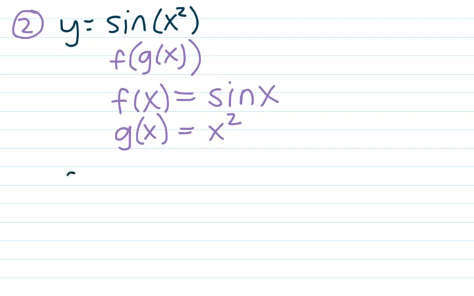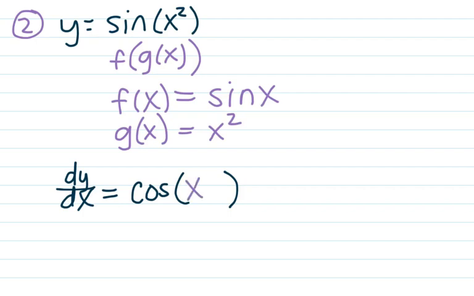Alright, so for the derivative function, we're going to take the derivative of the outside, which was sine x, and the derivative of sine is cosine x, and we're going to leave that inside part the same, so it's going to stay x squared in this step. Then we multiply by the derivative of that, which is simply 2x.